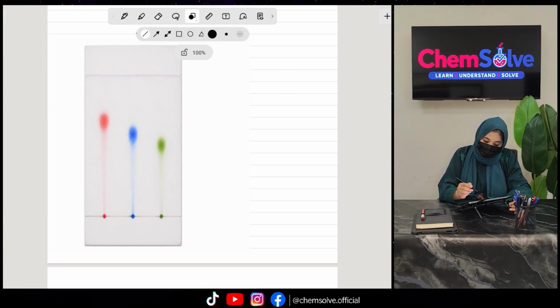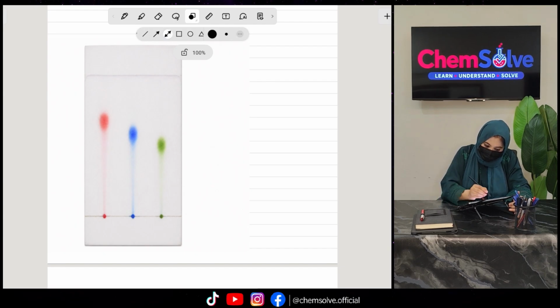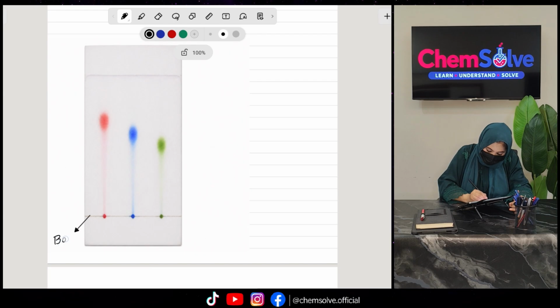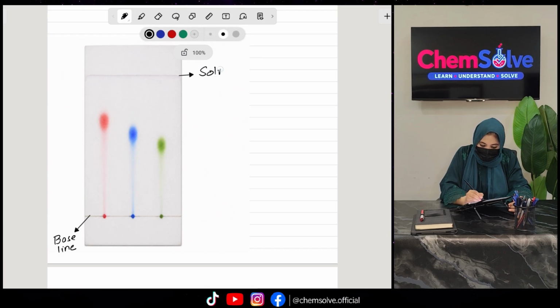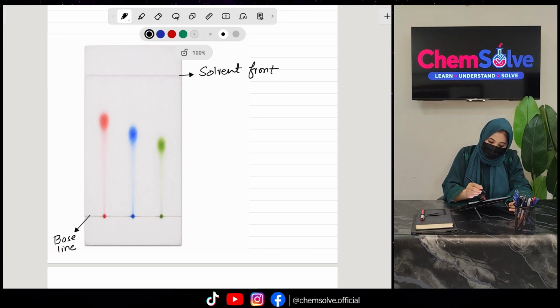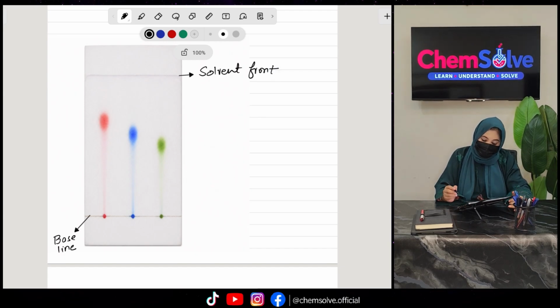In this chromatogram, this is the baseline. This is my baseline. And this is solvent front. And these three, red, green, and blue, are my solute or substances.